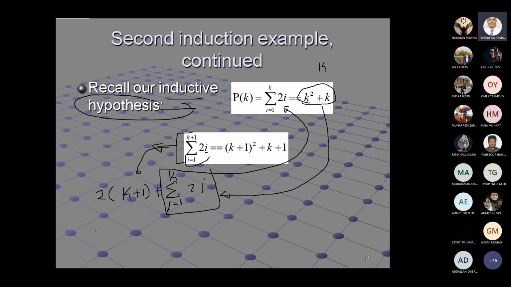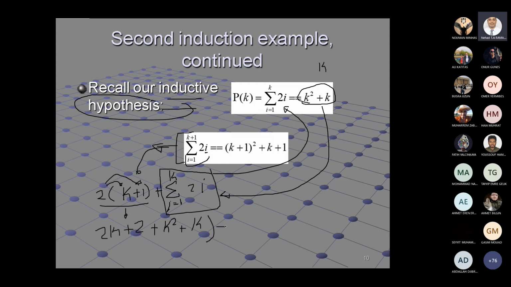So this equals 2k plus 2. How come? 2 multiplied by k, 2 multiplied by 1. Plus k to the power 2 plus k.